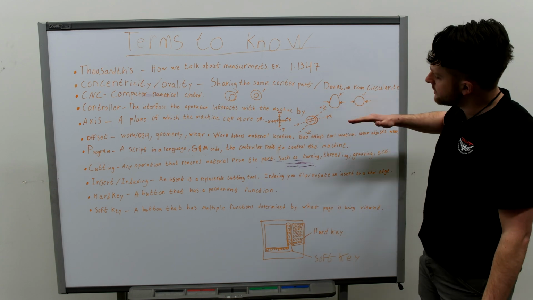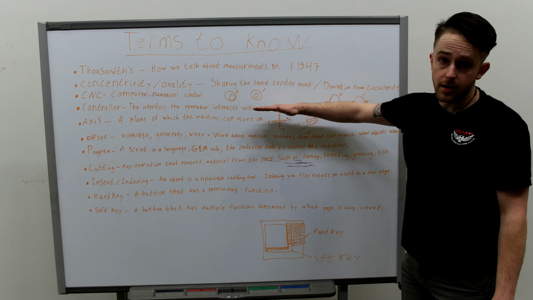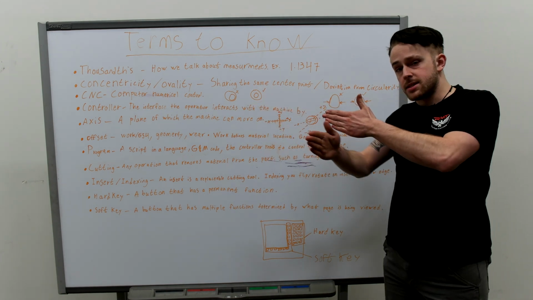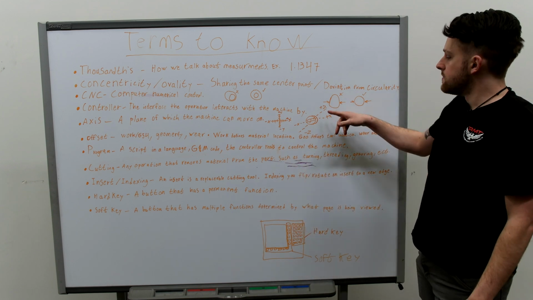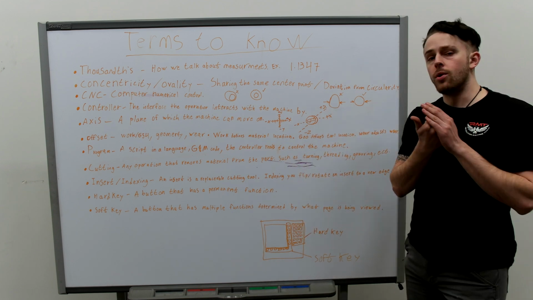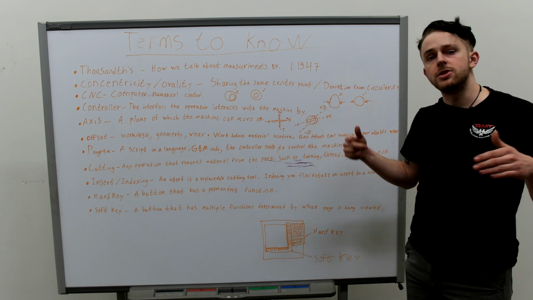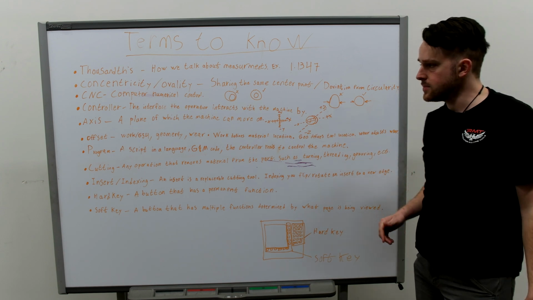But to give you an idea, my X is going to be moving along this plane of movement, while my Z is going to be moving in this plane of movement, coming towards and away from us. So our Z positive is always going to be away from the material, and our Z negative is always going to be towards the material.